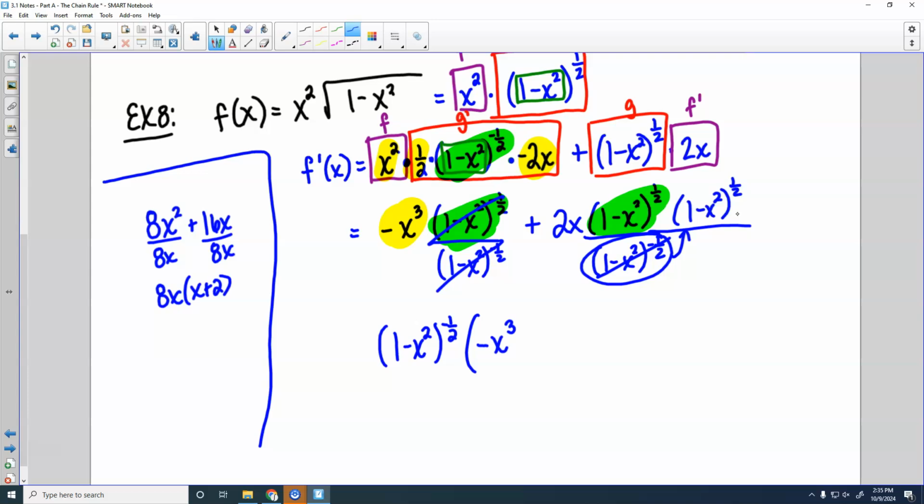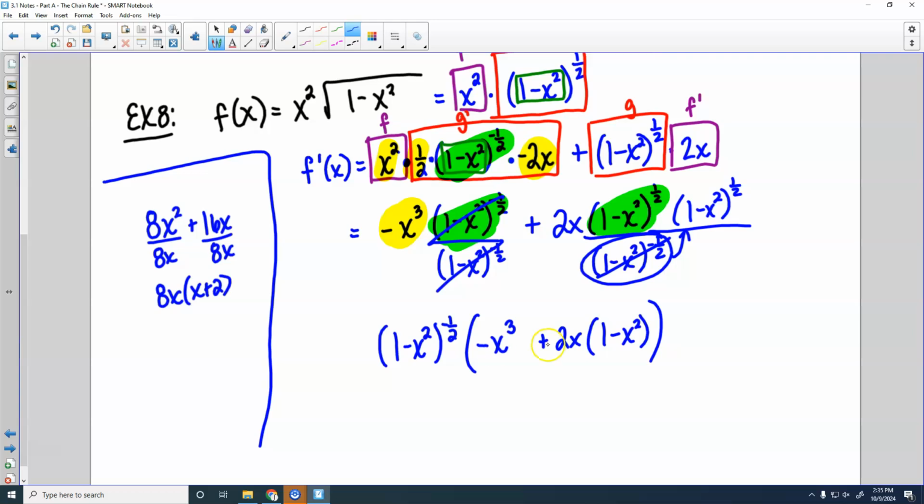And what am I going to get if I multiply (1 minus x squared) to the 1/2 times (1 minus x squared) to the 1/2? 1 minus x squared, because you add your exponents there. 1/2 plus 1/2 just gives you 1. So this gives me 2x times (1 minus x squared) just to the first power. So magically those fractional exponents are gone in that second set of parentheses, right?